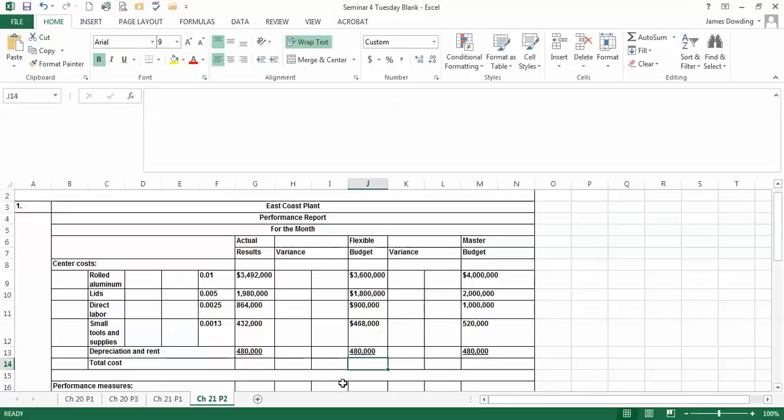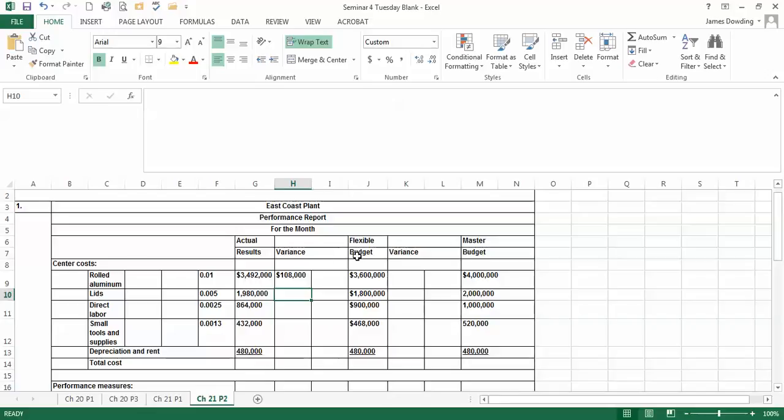Now, what we have to do is calculate the variance. The first variance is going to be what we had for flexible versus what we had for actual. The flexible is based upon the amount of 360 million, what we should have had for costs. So we take our 360 million, equal sign, click on the cell, minus this cell over here, which is the actual results, and we get a favorable of 108,000.